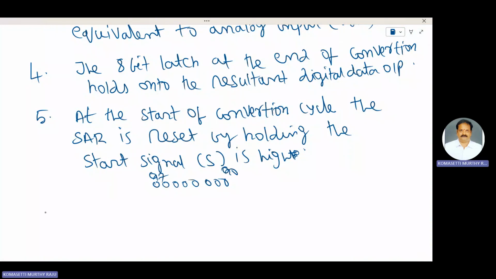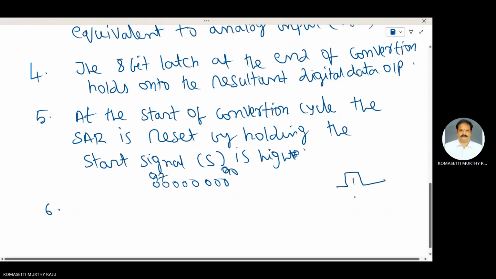On the first clock pulse, that means a low to high transition, the most significant bit output bit Q7 of the SAR is set. This is the MSB, and this one is the LSB.